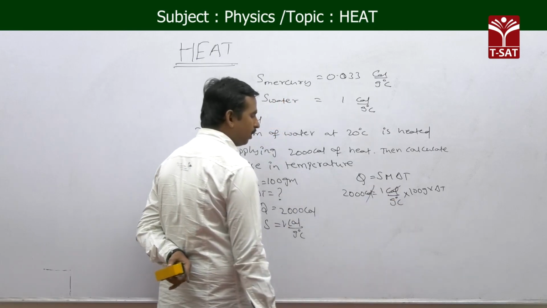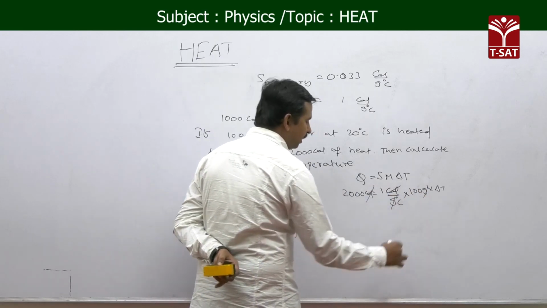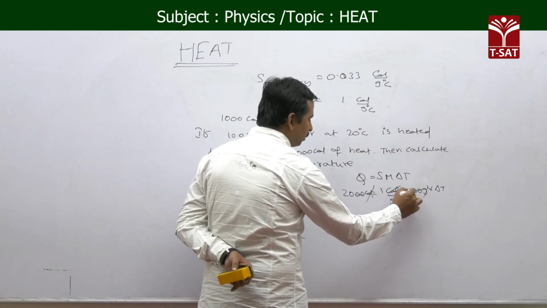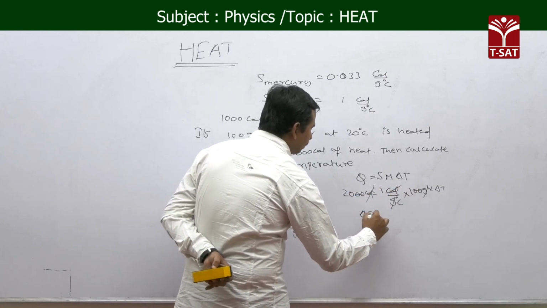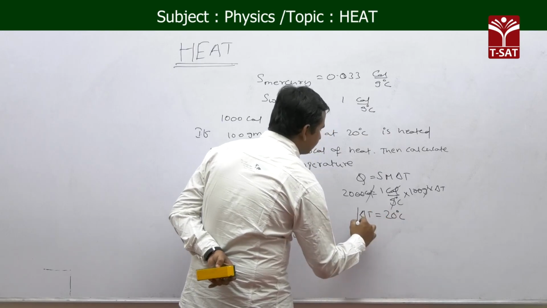The grams get cancelled and both the zeros get cancelled here. Then delta T becomes 20 degrees Celsius.